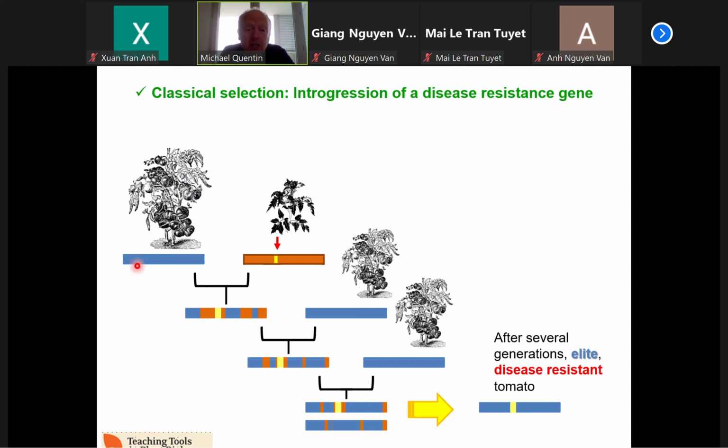And this is very long due to the fact that it's not always easy to cross two plant species. When you cross them, you will have a hybrid plant that will have half of the characteristics of each parent.